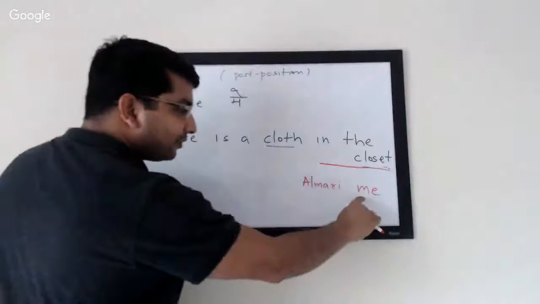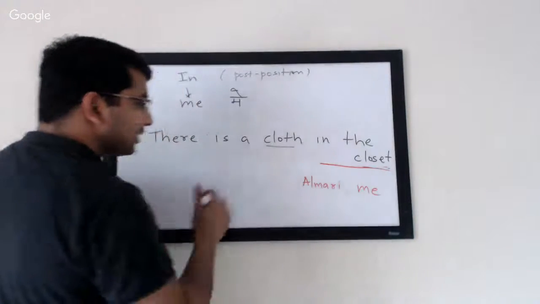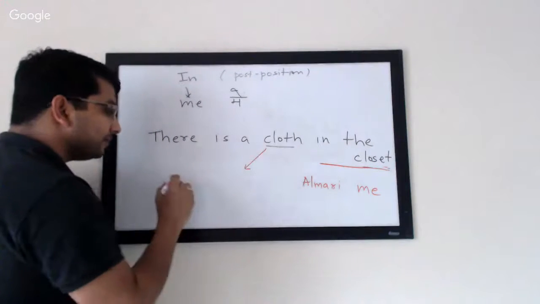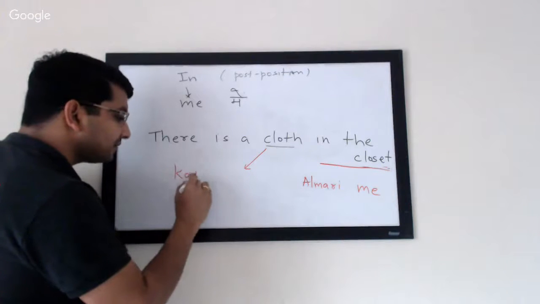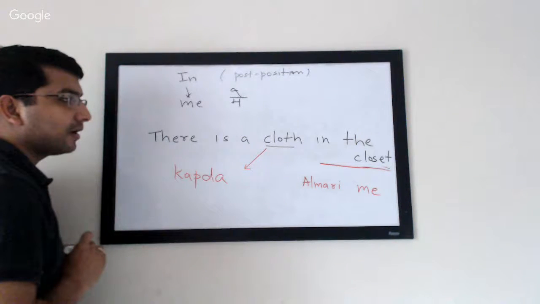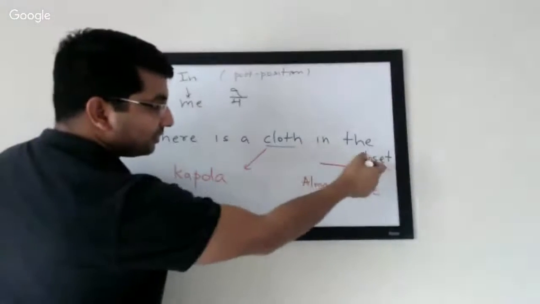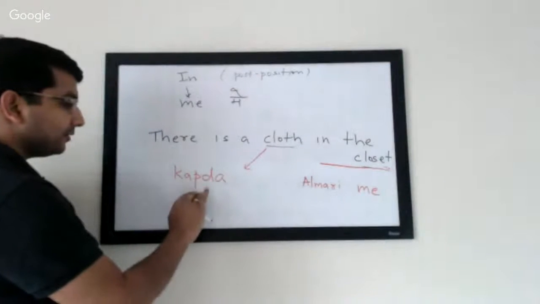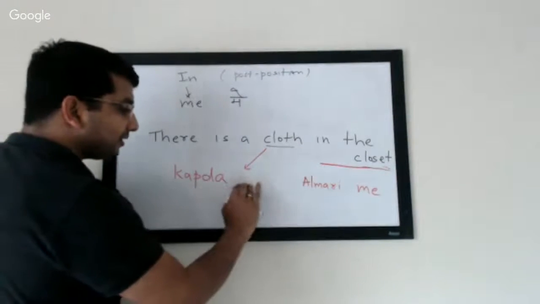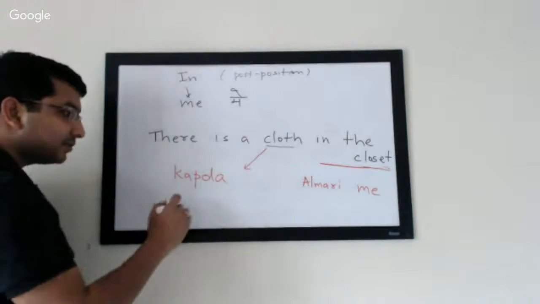It didn't change, even though there is a postposition after that, because it's feminine singular, it doesn't change. And kapda, there is no postposition in Hindi. I mean, there's nothing coming after kapda. There's nothing inside the kapda or something like that, right?